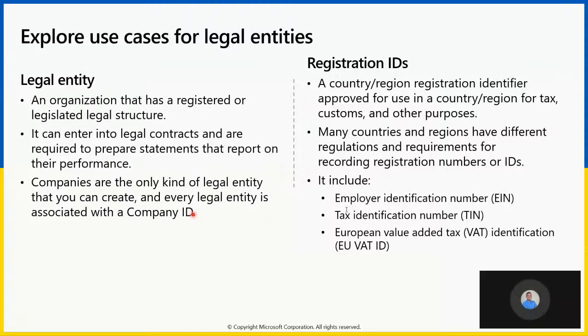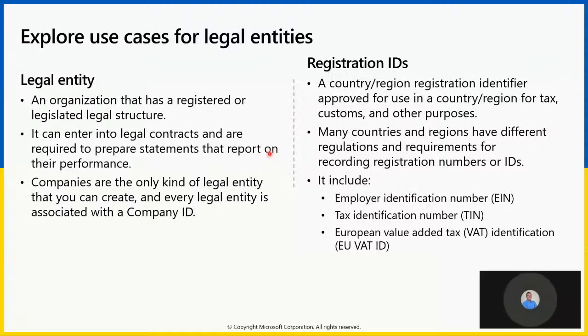So we can create legal entities by going to organization administration on the system, and there we can decide to create our own legal entity. So I'm going to show us how we can create legal entities on the system. And we have a registration ID.